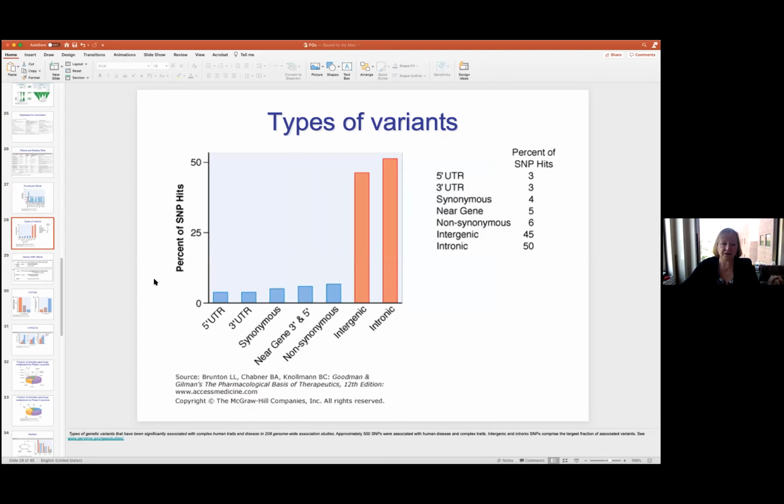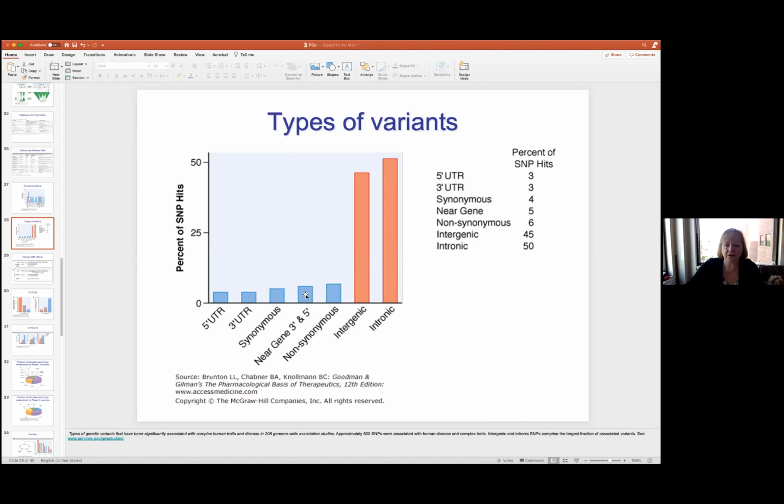So if we were to look at where the SNPs happen, and looking at the various types of SNPs, you see that the 5' UTR and 3' UTR don't have very many changes. The same with the synonymous SNPs, they're really not a very large percent of the SNPs that have been identified.